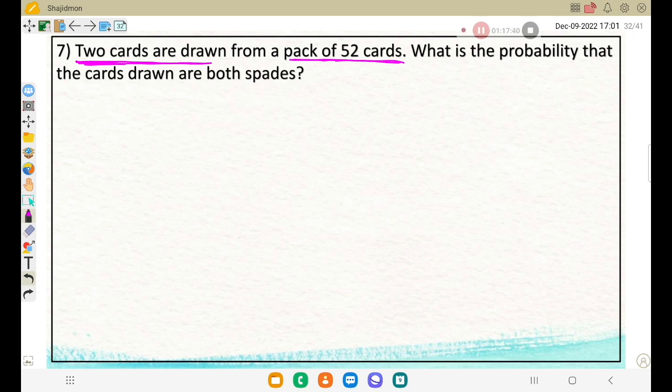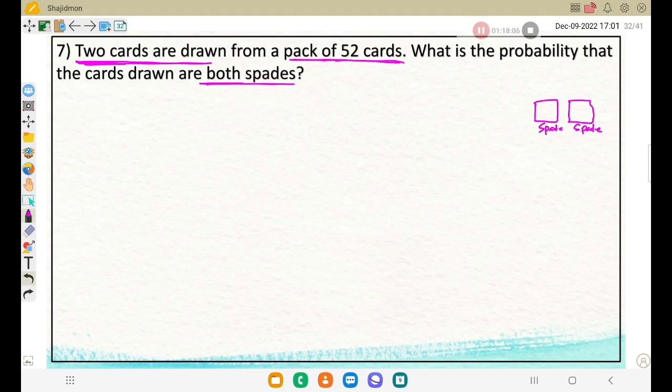What is the probability that the cards drawn are both spades? 2 cards we are choosing from 52 cards. Find the probability that both cards should be spade cards. This should be spade and this should be spade. What is the probability? This is our question.